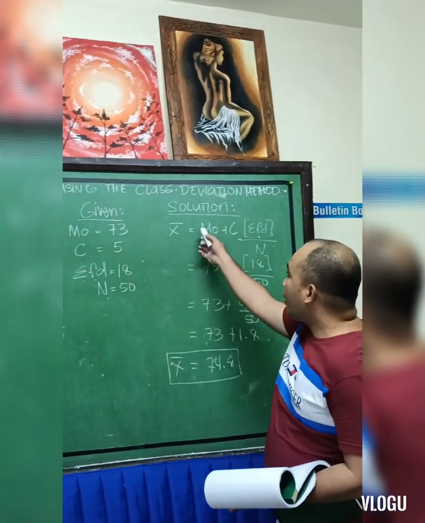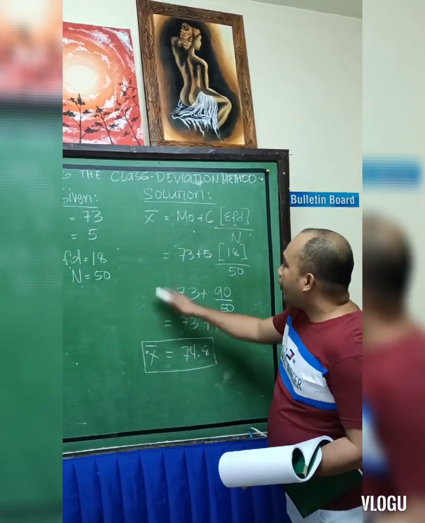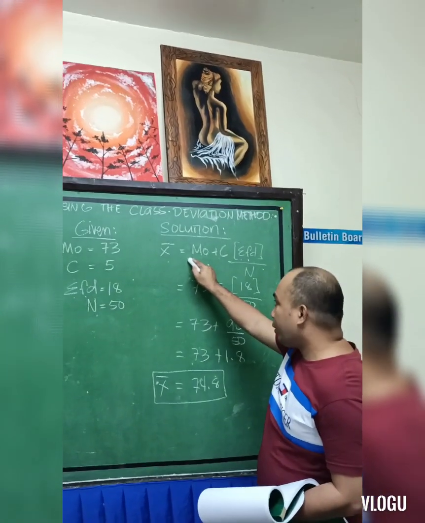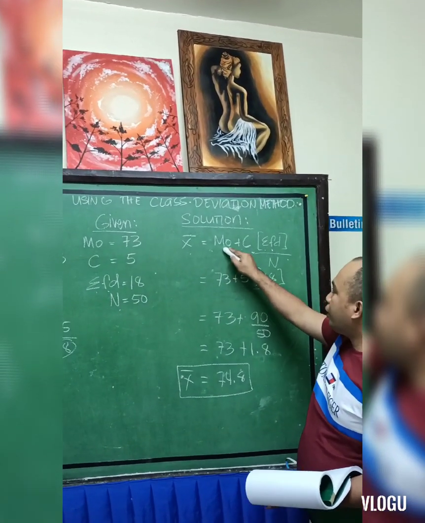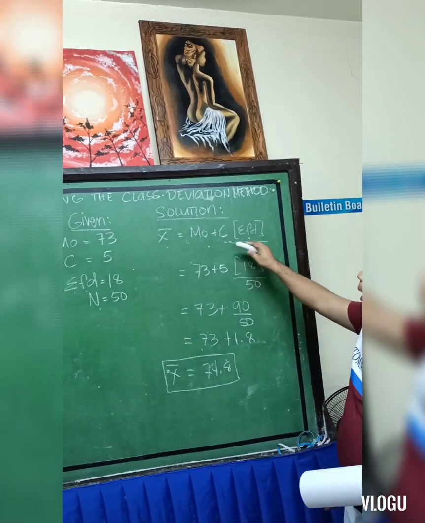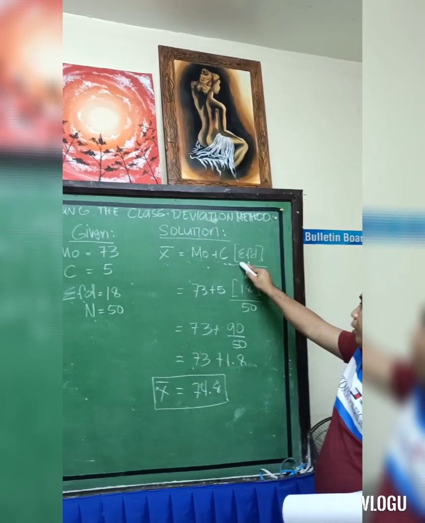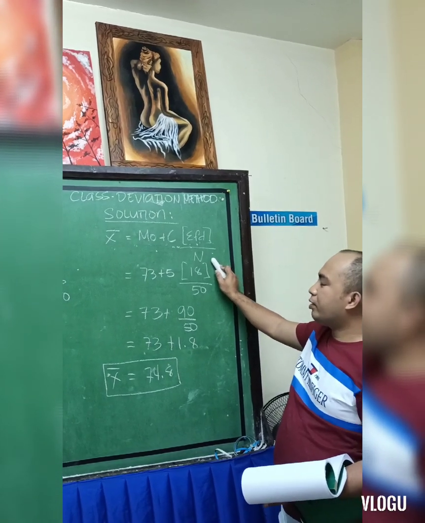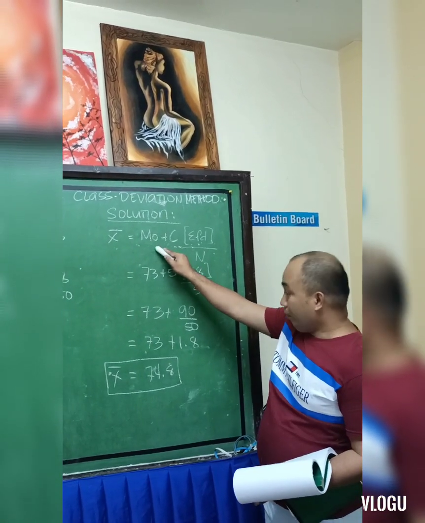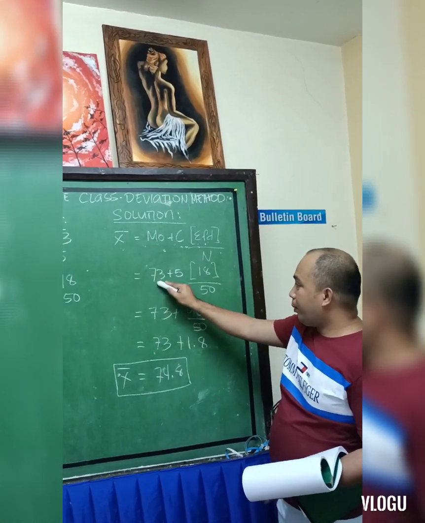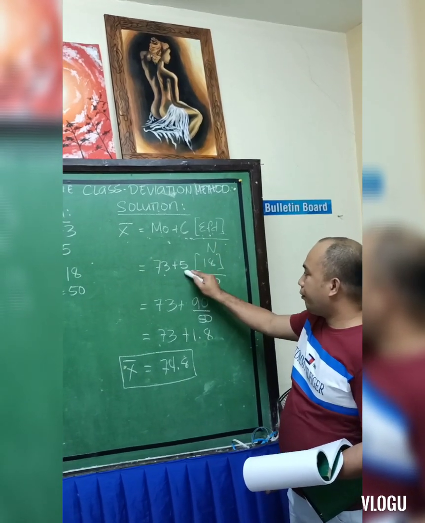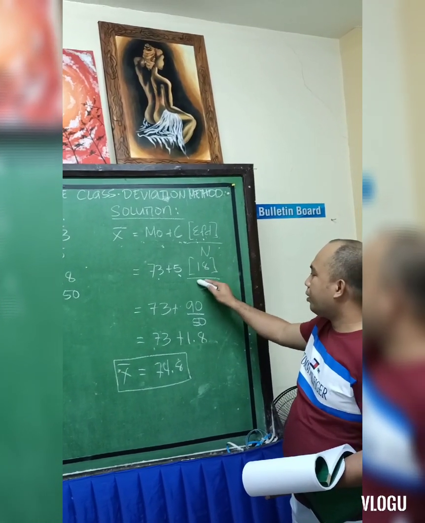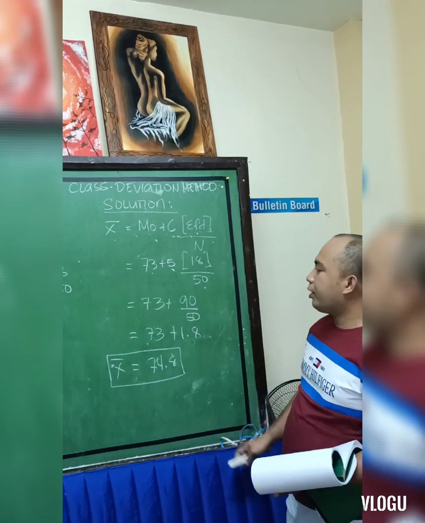Now using our formula, the arithmetic mean is equal to the midpoint of origin plus the class interval times the summation of the product of frequency times deviation, divided by the number of cases. So the midpoint of origin is 73, the class interval is 5, times 18, divided by 50, the number of cases.